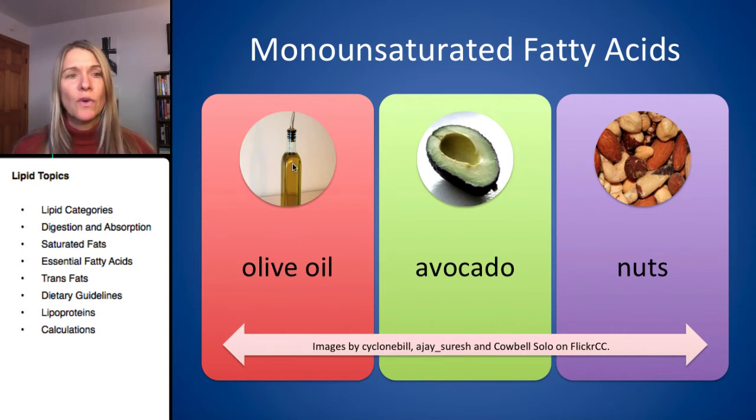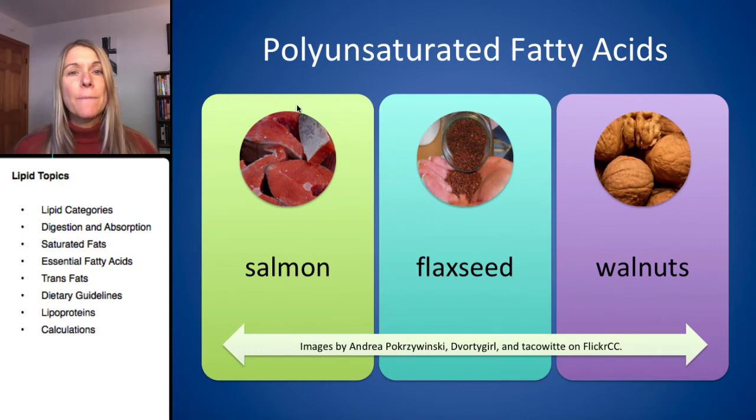Olives, olive oil, nuts and seeds, avocados all have a high amount of monounsaturated fats. Polyunsaturated fats can be found in salmon, flaxseed, and walnuts. Also vegetable oils and a variety of other nuts and seeds.